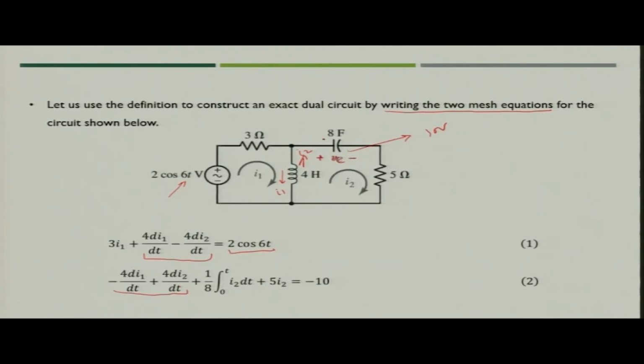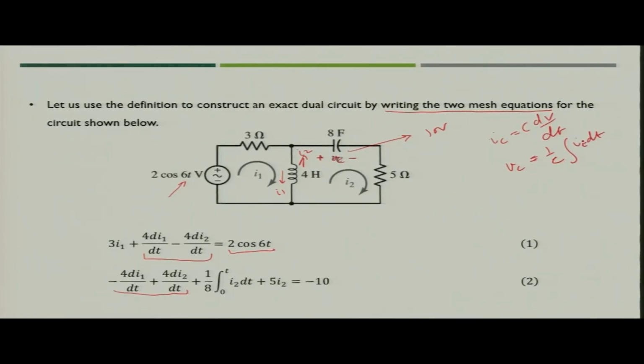Now, we will reach the capacitor. The voltage across the capacitor is given by, since current IC is equal to C dV by dt, if you take the integral of both sides, you will get the voltage across the capacitor, that is the integral of IC dt.